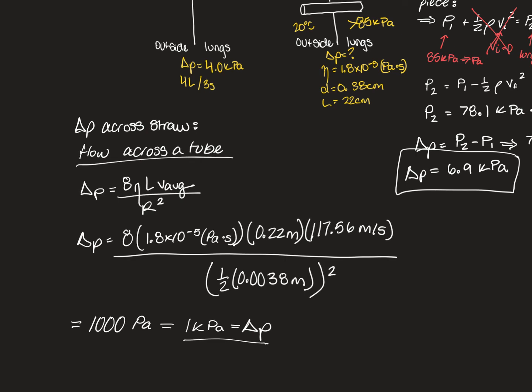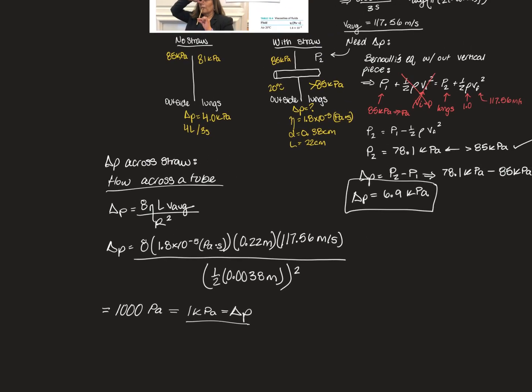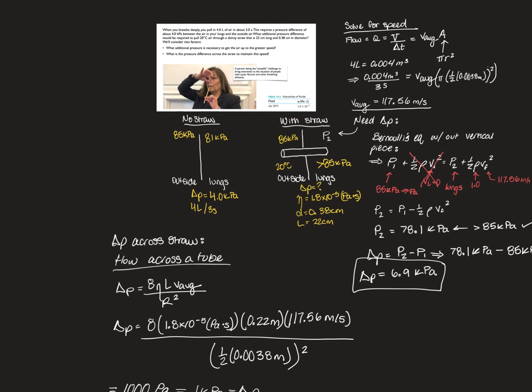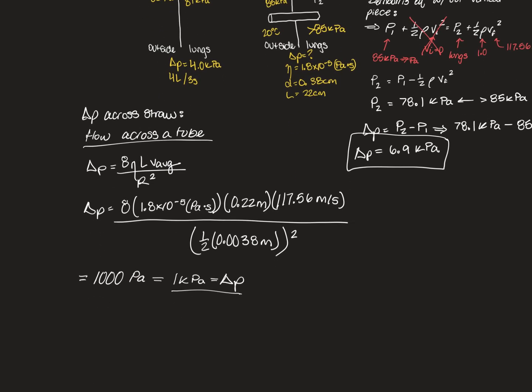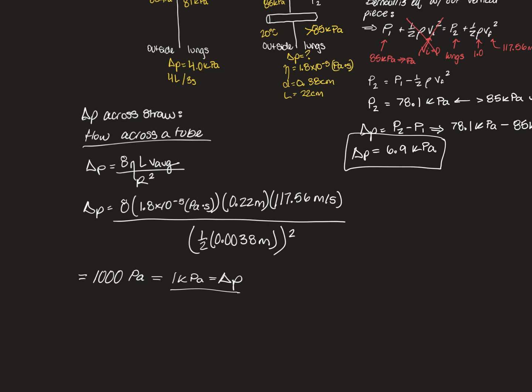And so the total pressure difference that we looked at up here, what additional pressure difference would be required to pull 20 degrees Celsius air through a skinny straw that is 20 centimeters long and 0.38 centimeters in diameter? We need to add this number to this one, because that's going to be the total pressure difference across that system.